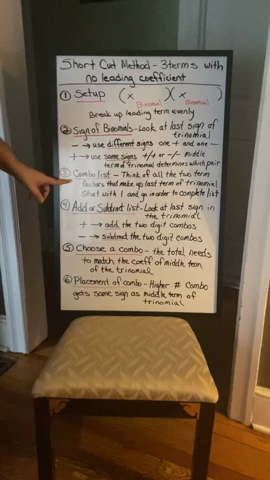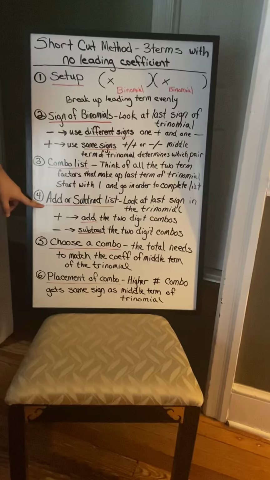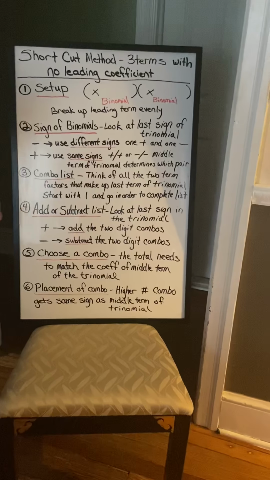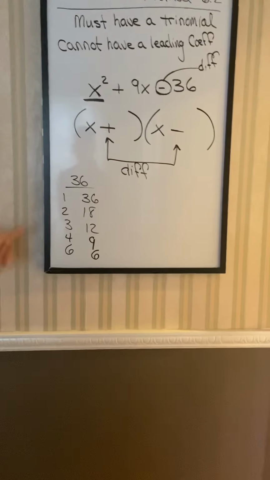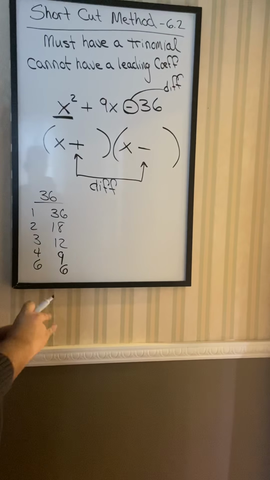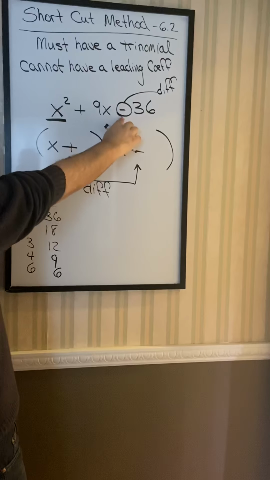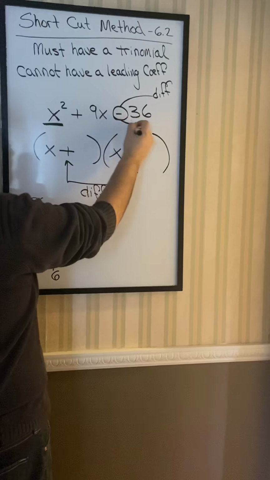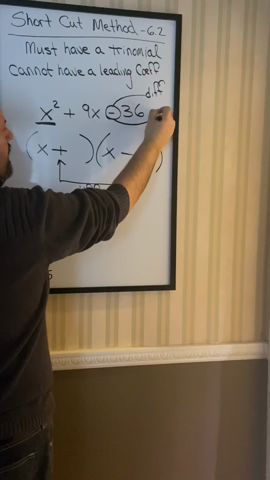Once we get our combos list, we got to do something with that list. Step 4 says we're going to either add or subtract the list. So we got each 2-digit combo. 1 and 36, 2 and 18, 3 and 12, 4 and 9, and 6 with 6. Notice the last sign of the trinomial is a minus sign.